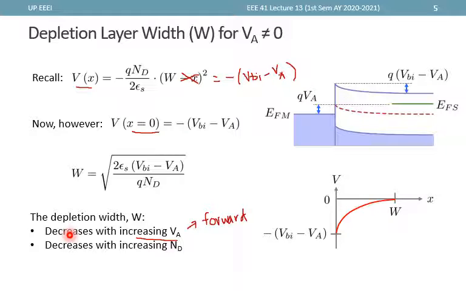So the reverse is true. When we reverse bias the device, the depletion width increases. In terms of the doping concentration, the width decreases with increasing doping concentration, which is also the same result we obtained for PN junction diodes.